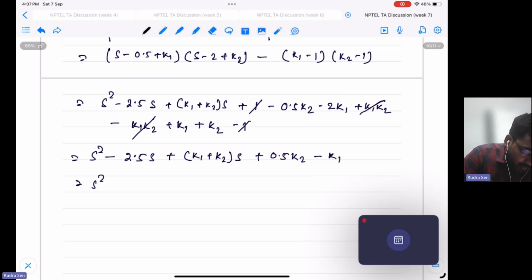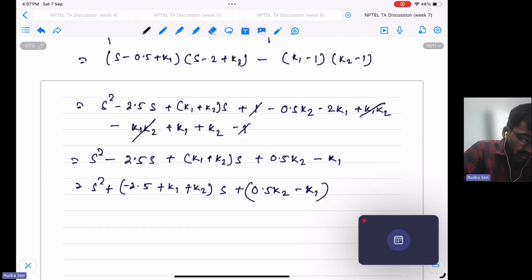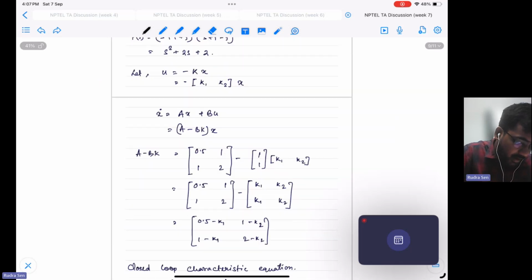So this will become S square minus 2.5 minus k1 minus k2, or rather s plus 0.5 k2 minus k1. So this is my system, right? Now let's say this is my characteristic equation.